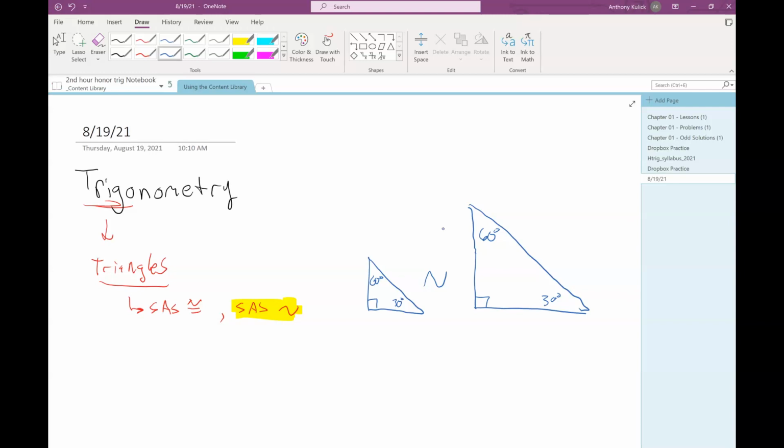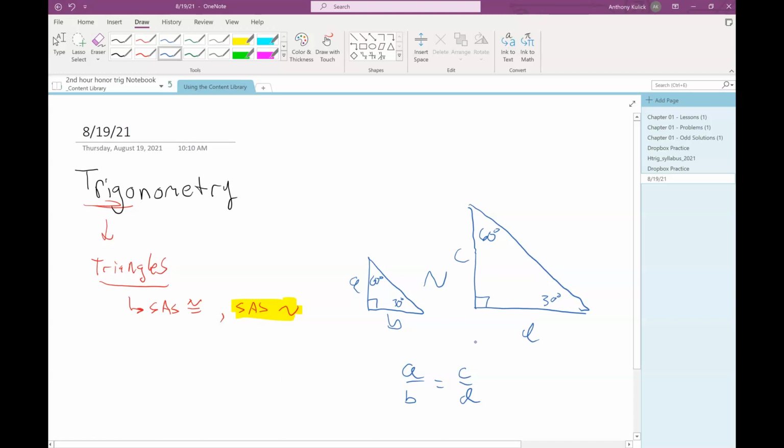So we say two figures are similar if all the angle measures are equal and the side lengths are proportional, right? So for example, if these are sides A and B here, and these are sides C and D, then the ratio of A to B should equal the ratio of C to D, right?